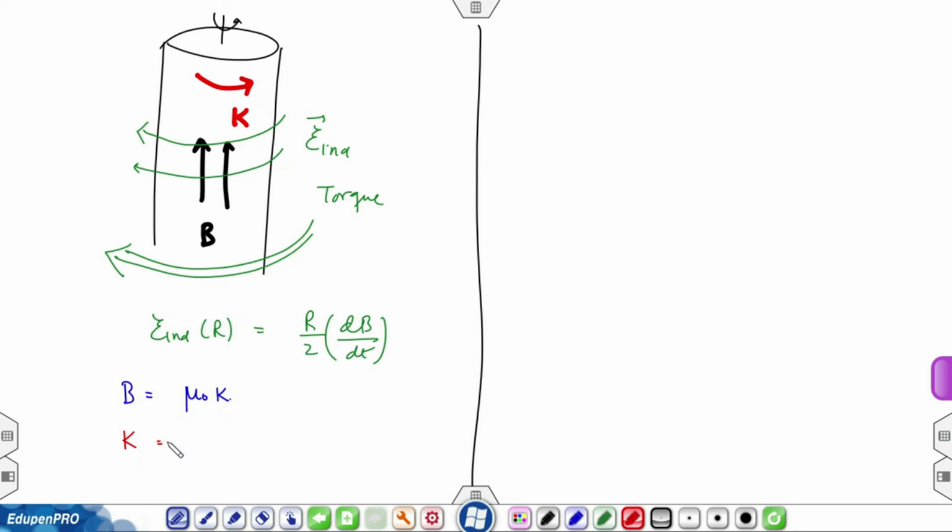K is the current per unit length. Per unit length, the charge I am going to have is 2 pi r sigma, and it is going around with the frequency omega over 2 pi, which is going to be equal to r sigma omega in the phi direction.